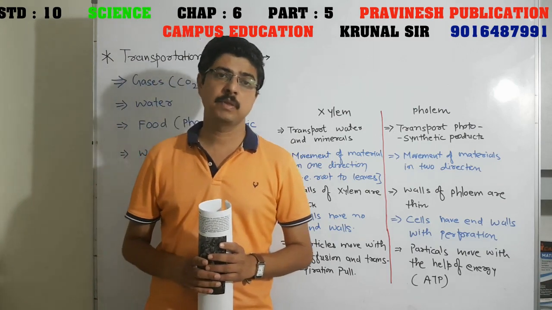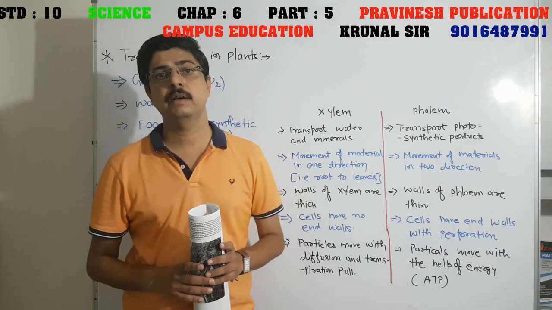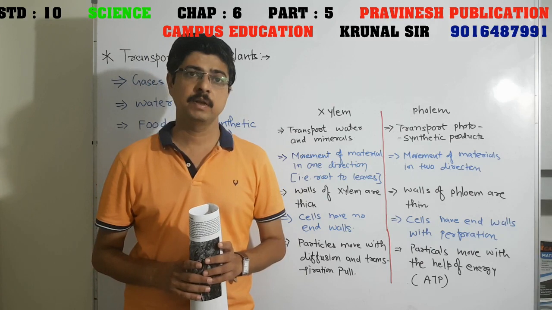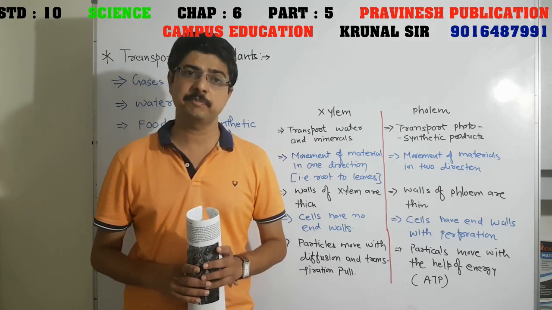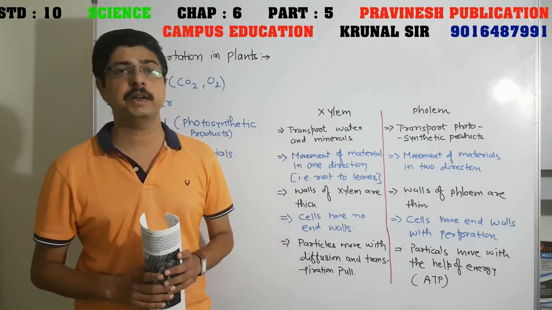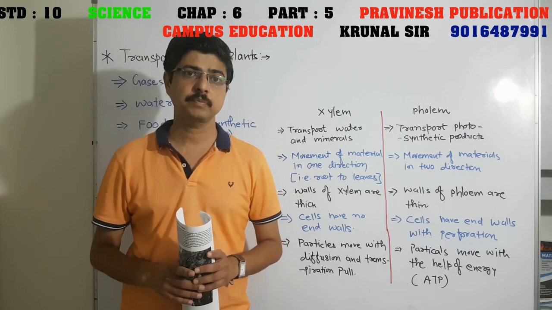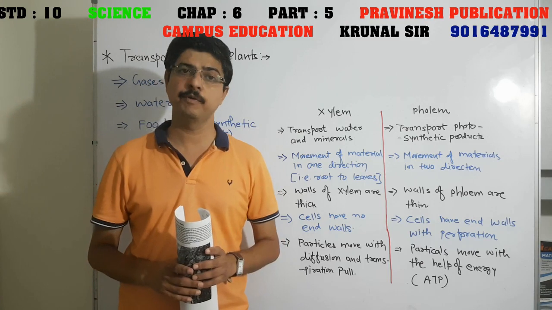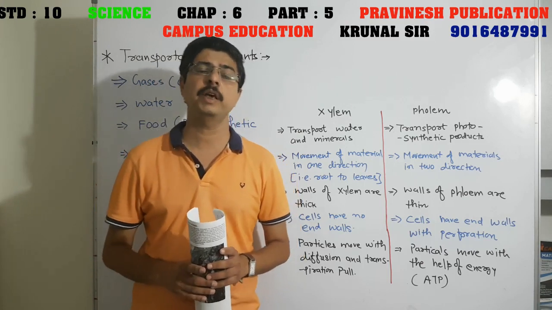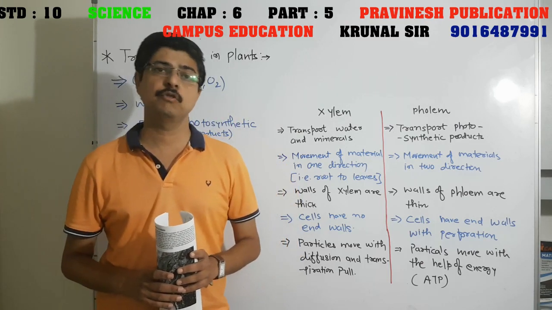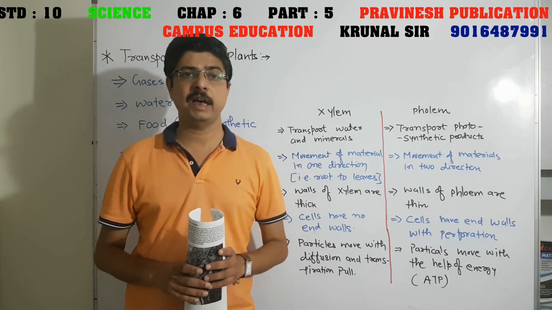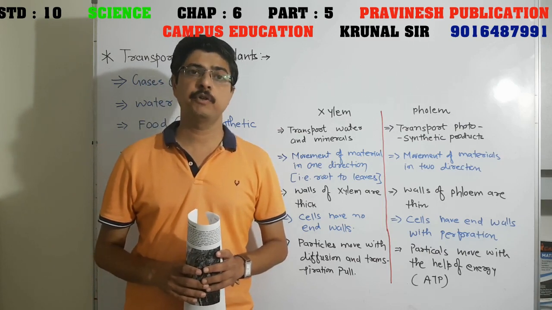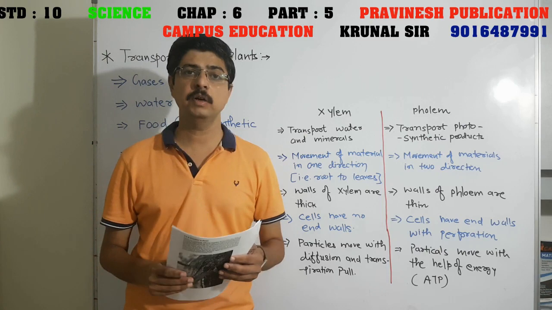So at that time another force is acting in xylem. That is transpiration pull, which is created by the stomata. We know that stomata lose water via evaporation, and that process is known as transpiration. So it helps xylem to carry water from roots to the upper part of the plant.